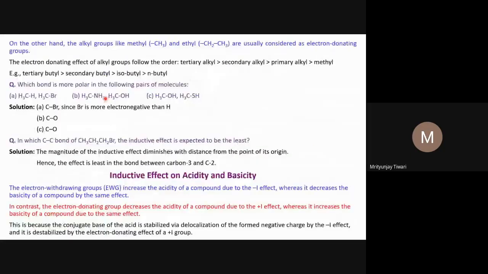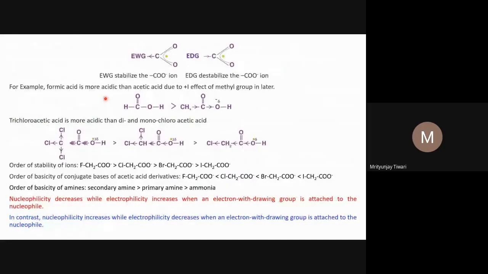And so the nucleophilicity decreases while electrophilicity increases when an electron withdrawing group is attached to the nucleophile. So when an electron withdrawing group is attached to a nucleophile, it will pull away electron density from the nucleophile, and so the electron density at the nucleophilic center or the nucleophilic atom will decrease, and so the nucleophilicity of that atom will decrease.